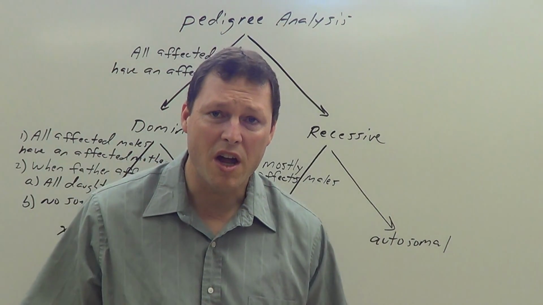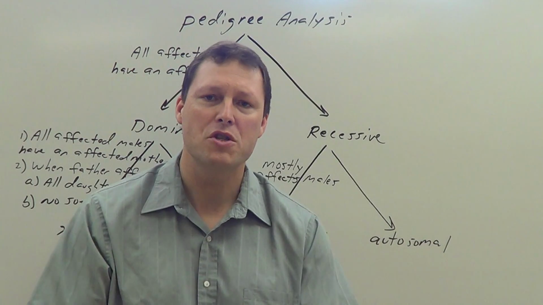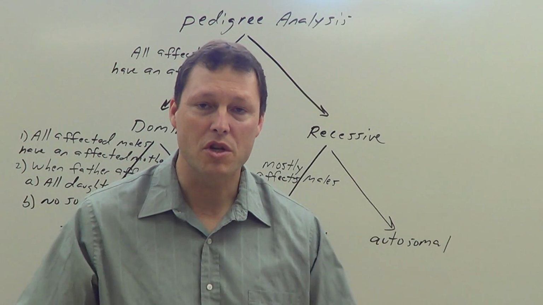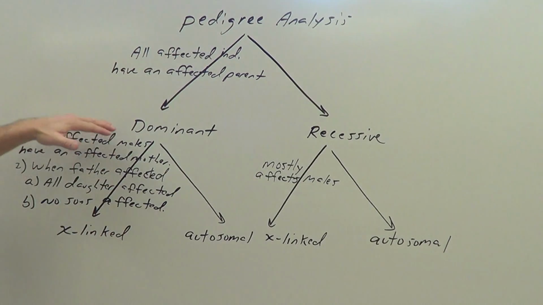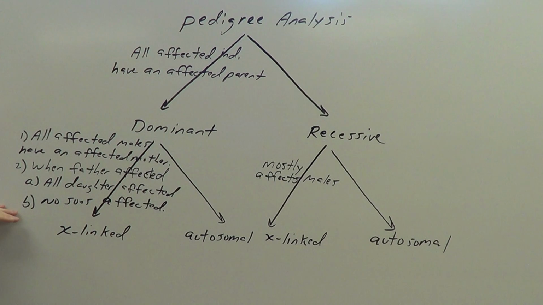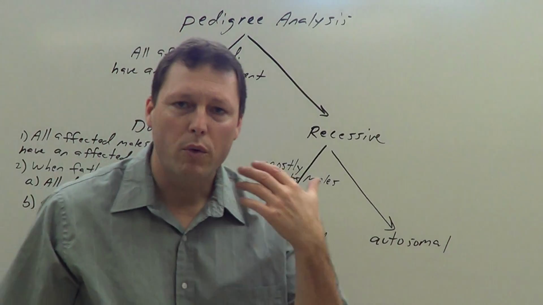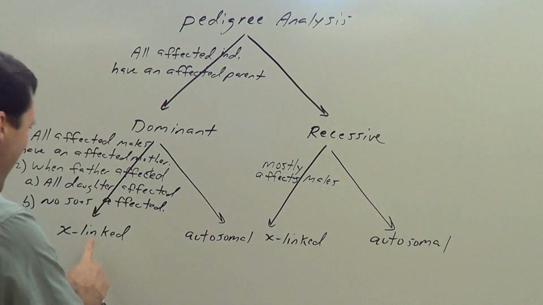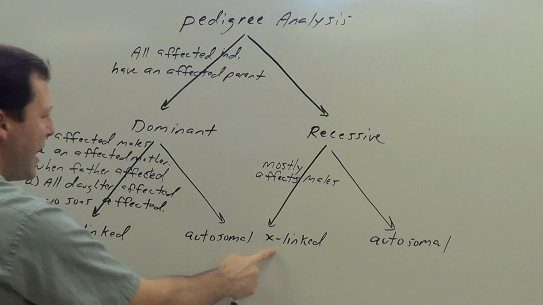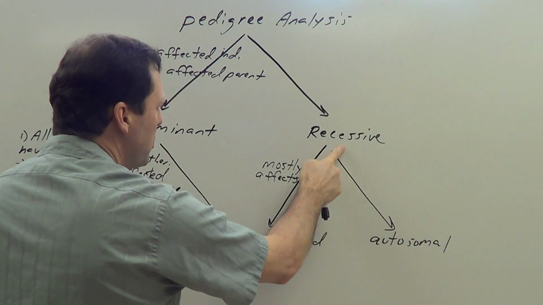If dad has a son, dad's going to pass on the Y chromosome to his sons, not the X. So the sons won't be affected. So again, if we find out that we're dealing with a dominant trait, we're going to go through these different criteria. If all these criteria are true, we're going to assume that it's X-linked dominant. If any one of these criteria are false, then we're going to assume that it's autosomal dominant. So again, we're dealing with 4 traits today: X-linked dominant, autosomal dominant, X-linked recessive, and autosomal recessive.